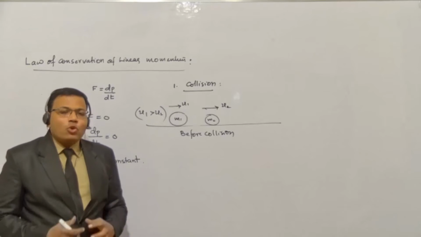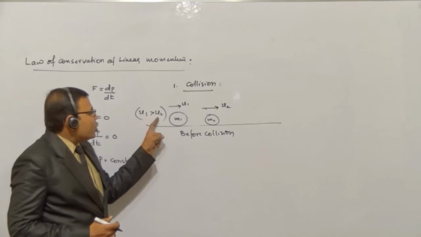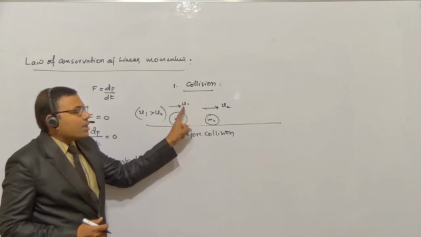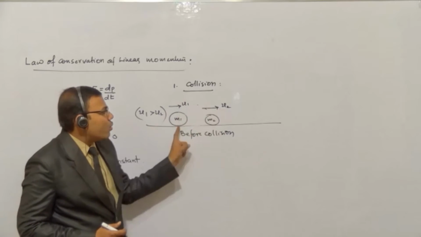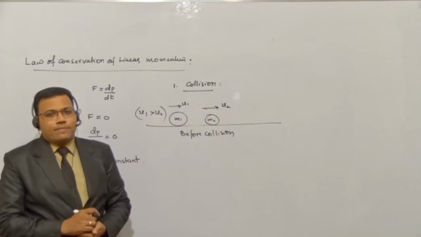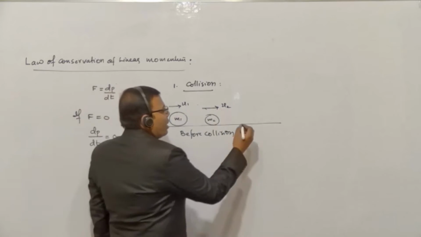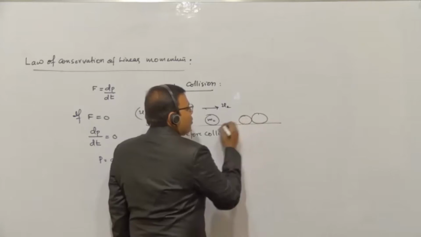In order to have the collision, velocity u1 must be greater than u2. ये ज्यादा तेजी से चलना है इससे, then only it is going to collide. Now what happens, let us see. Here collision has taken place, यहाँ पे collision हुआ बेटा.